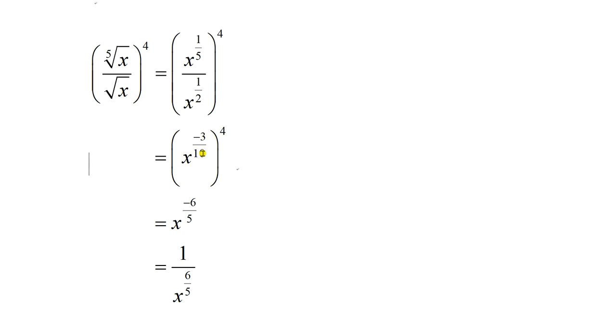Simplify this, that is negative 3 over 10 times 4. So you get x to the power negative 6 over 5. But if you want to change the negative index to positive index, you need to put it in the denominator from the numerator. So the final answer will be 1 over x to the power 6 over 5.